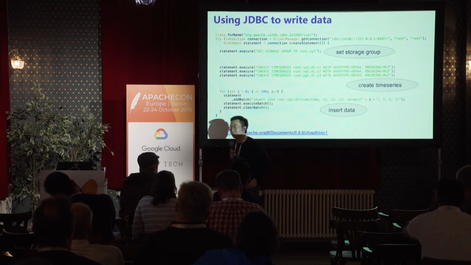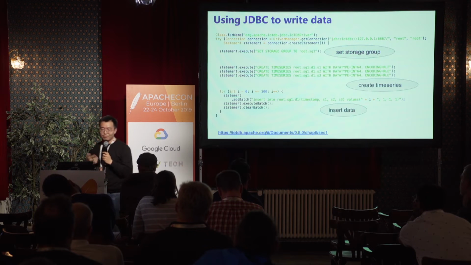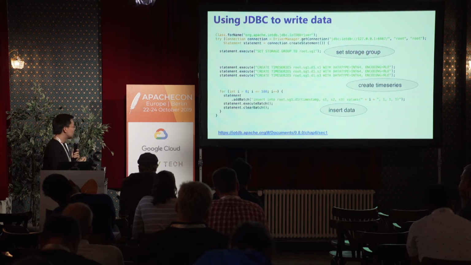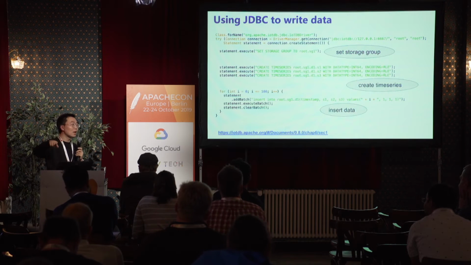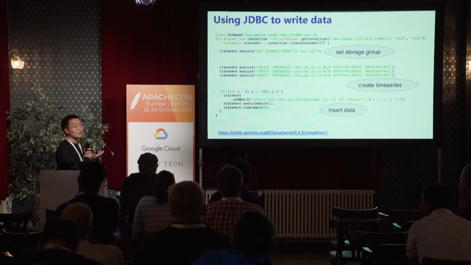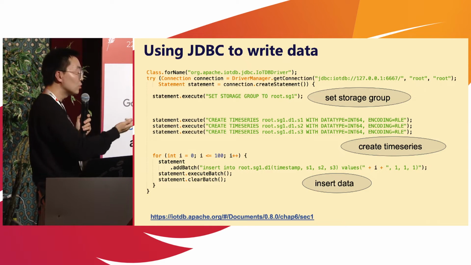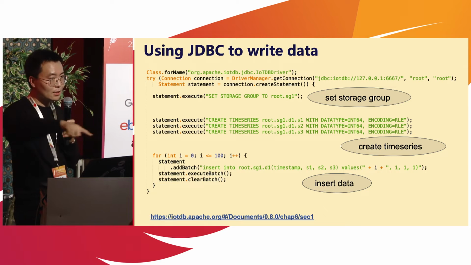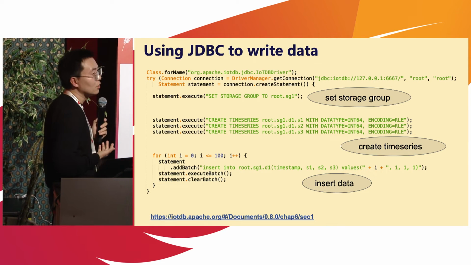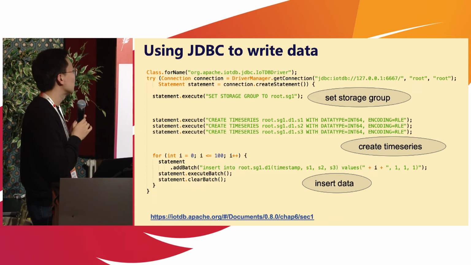If you know that your data looks like a sine or cos function, maybe you can use some good encoding methods, or you can implement your own encoding methods. If your data looks like this, then you can use run-length encoding or bit packing or some others.